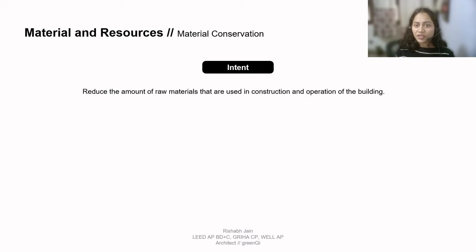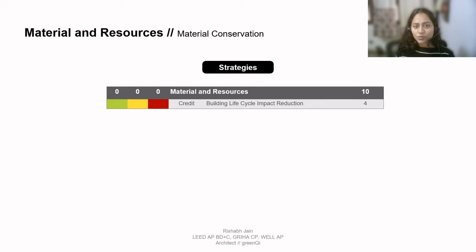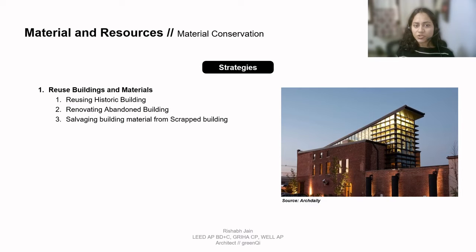Which would mean that we use materials that are long lasting, or we reuse materials from a different site, from an existing building, or from an abandoned building. This intent resonates with the credit Building Life Cycle Impact Reduction. This is a very important credit in this category, and it has multiple options to go about it.